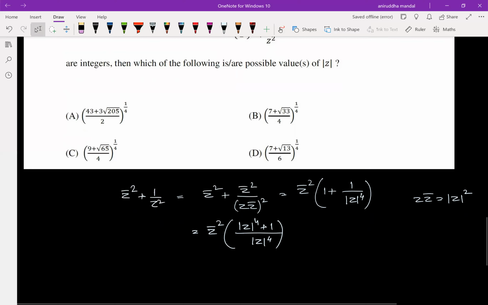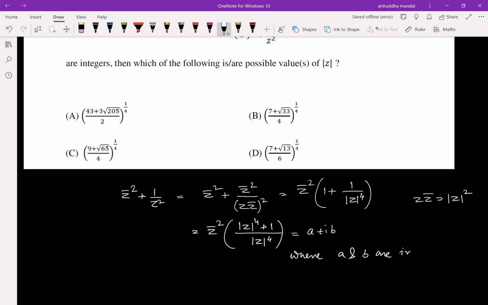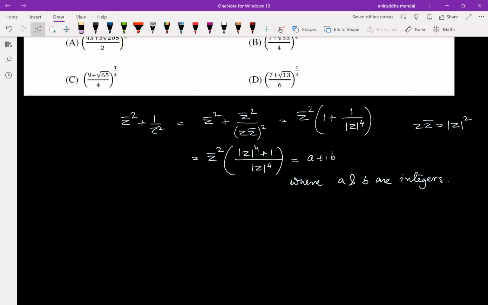Okay, now this expression is nothing but a plus ib, where a and b are integers. Okay, now what we can do is z bar square equal to, cross multiply this.